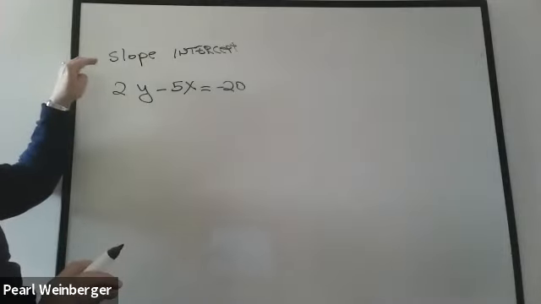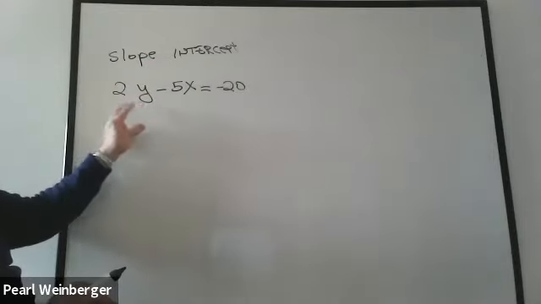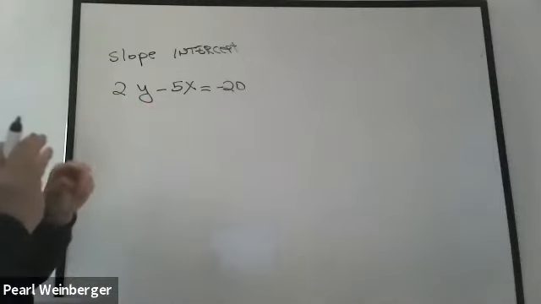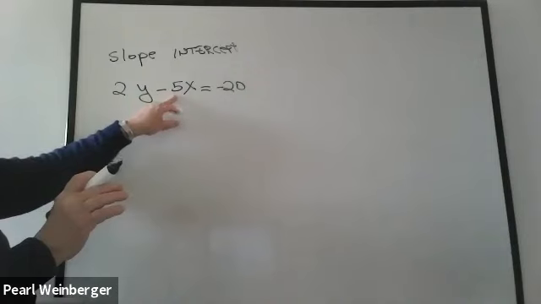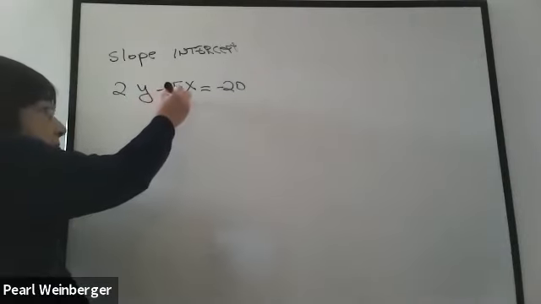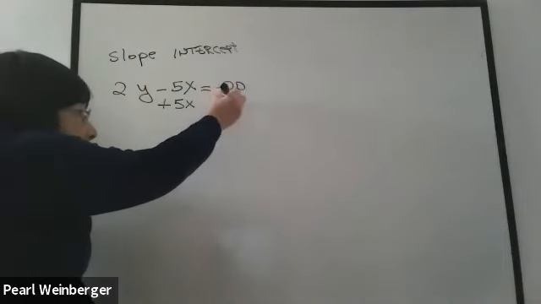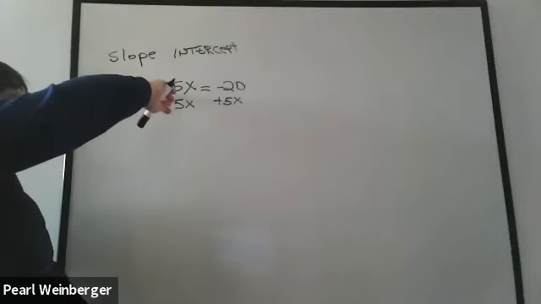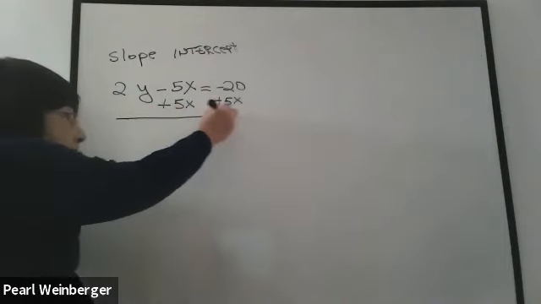I want to write this in the slope intercept form. The first thing I have to do is get the equation so it's y equals. So the first thing I want to do is get rid of this -5x. I have to bring this 5x to the other side, so I'm going to add 5x to both sides. Or if you're using the transposition form, this is a -5x, you bring it to the other side as a +5x.